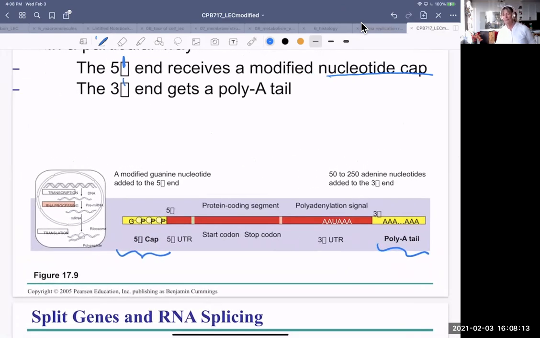So one of the hypotheses for the reason for the tail is that possibly enzymes that are in the cytoplasm can come along and start to erode or digest that messenger RNA molecule. And it doesn't matter if they digest the AAAs, but also it could help to end the translation process.